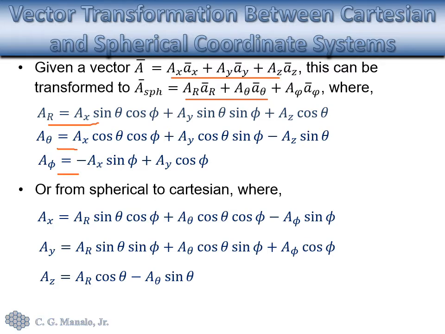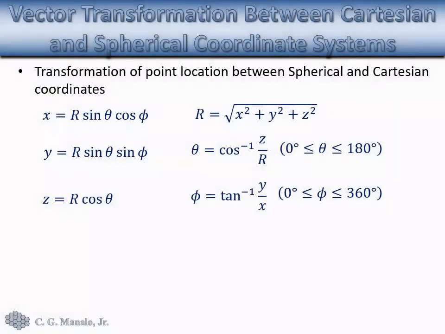And to transform from spherical to Cartesian, we can use these three formulas. Also, if we need to express the Cartesian coordinate in terms of the spherical coordinate, we can use these formulas.